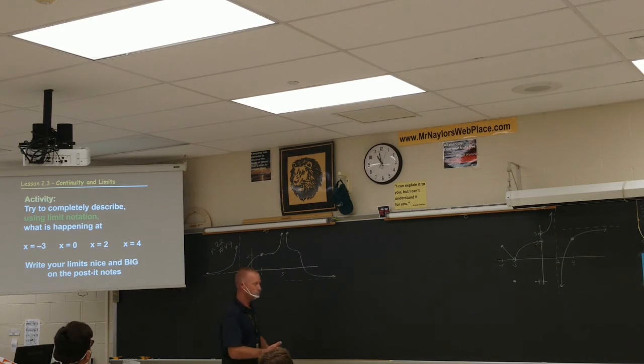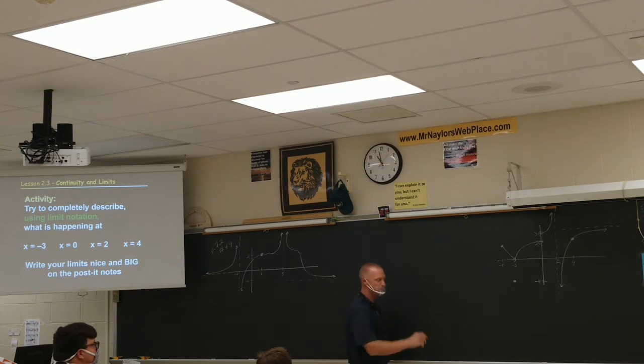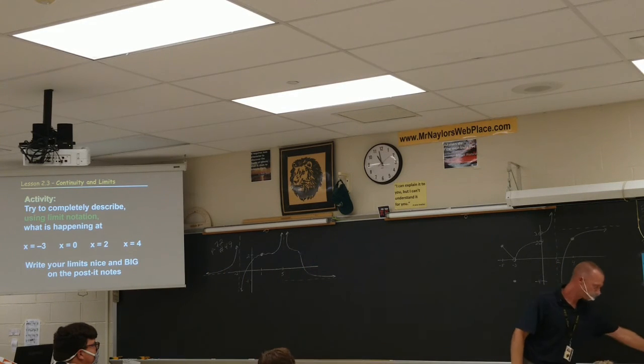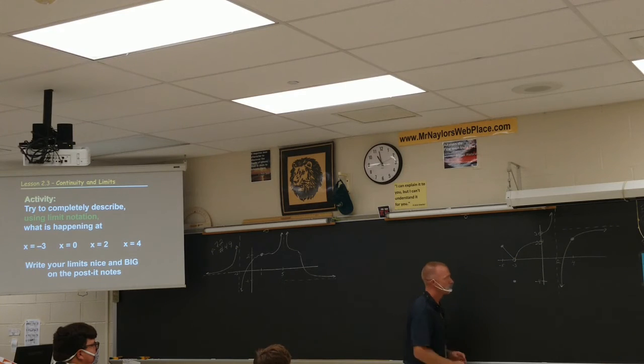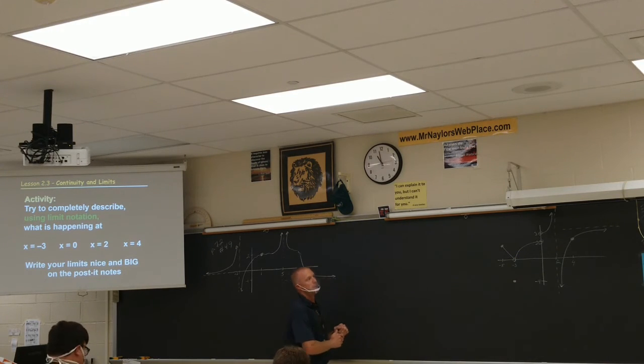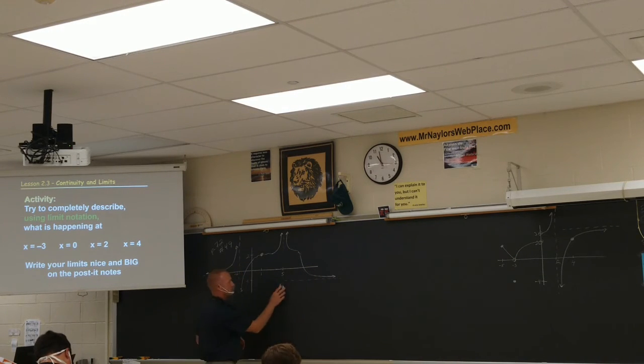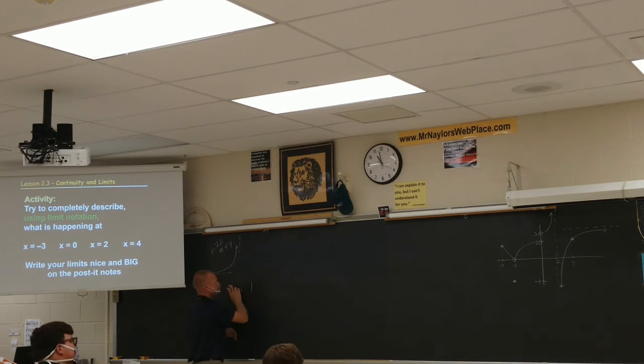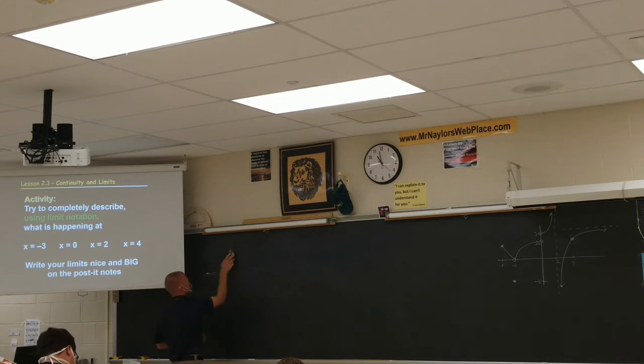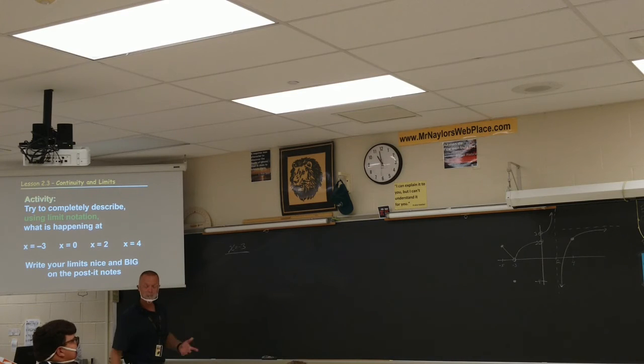Okay, so take a look at the graph. Like I said, most people like to get a copy of it in your notes. On the Post-it notes, try to describe what's happening at each of those x values using limit notation. And maybe you've guessed that the reason they're on Post-it notes is because I want you to post them up here.